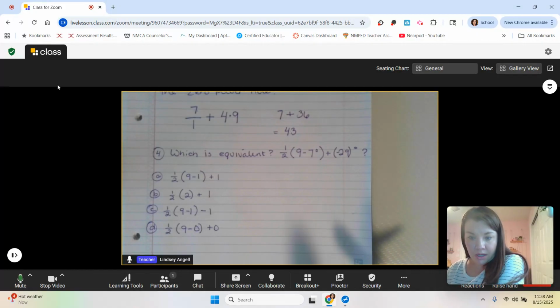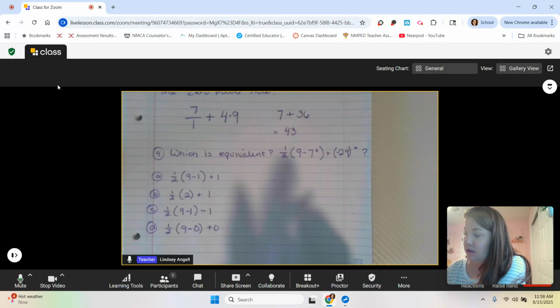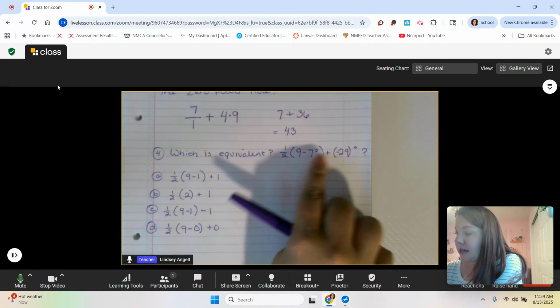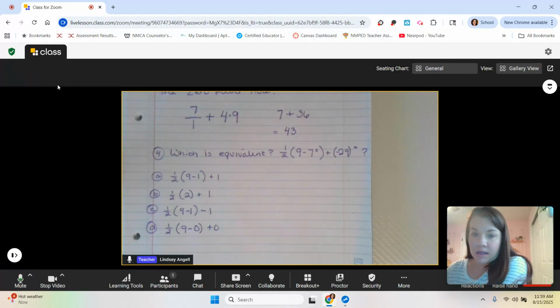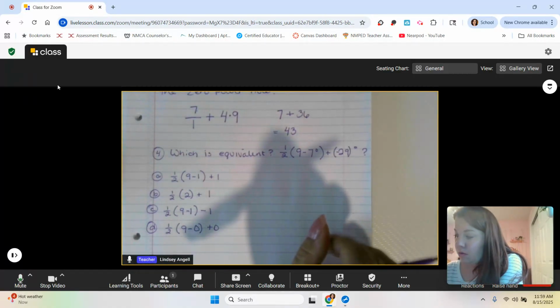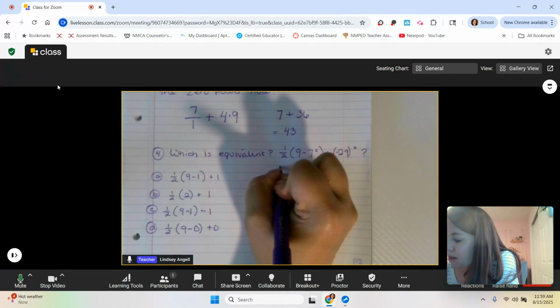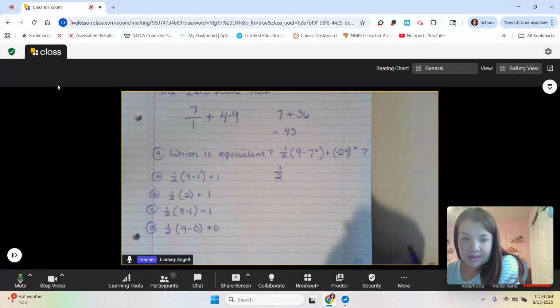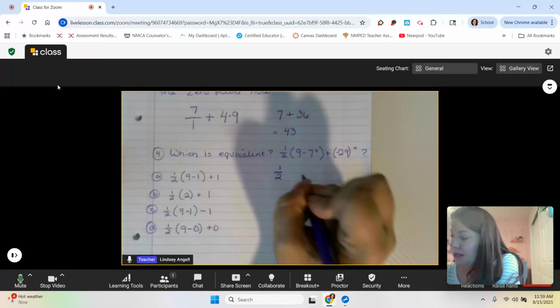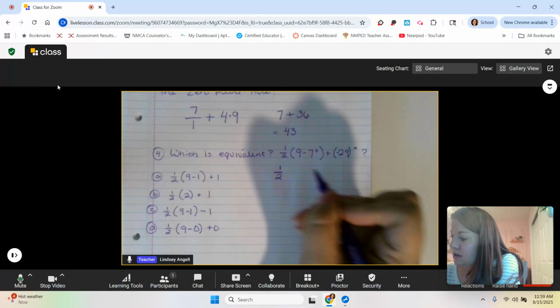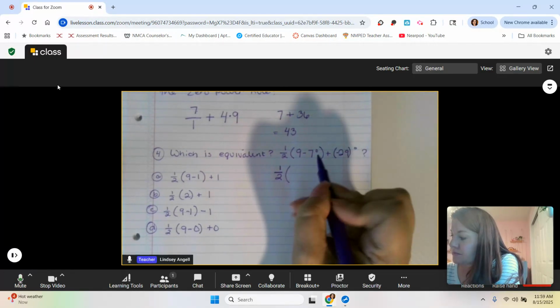According to PEMDAS, or the order of operations, first I have to take care of parentheses. So that means I have to do everything that's inside of these parentheses. Then would come exponents. So I'm going to write my 1/2 again because I'm not doing anything with that yet.